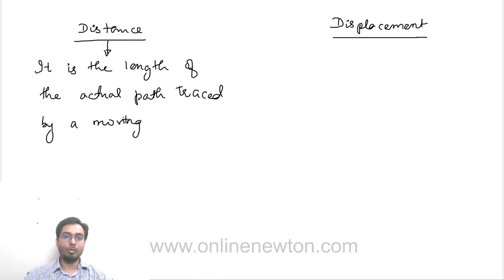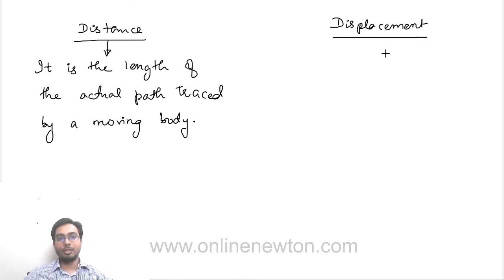Means the body has moved from one point to another and it must have traced a certain path. We'll have some examples after we define it. So it's a length, so we measure in meters. You can measure in any other unit also, but the SI unit of length is meters. So distance would be measured in meters, the standard unit.